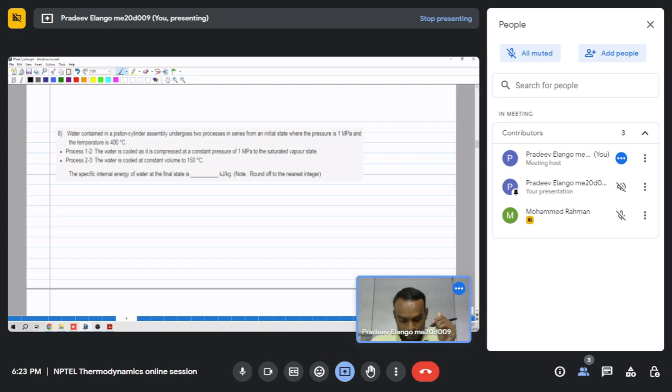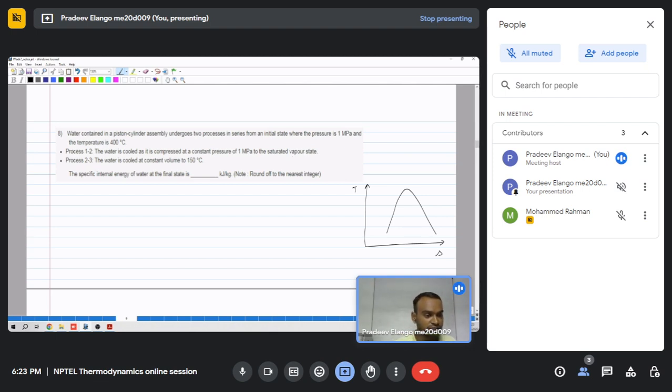So to represent this in a TS diagram, we have initially 1 megapascal and 400 degrees Celsius. At the end of process 1 to 2, state 2 is going to be at the saturated vapor state after cooling.